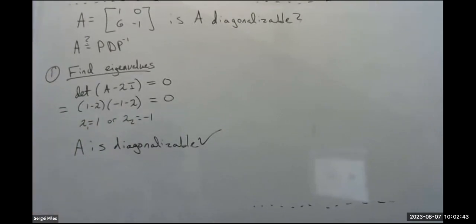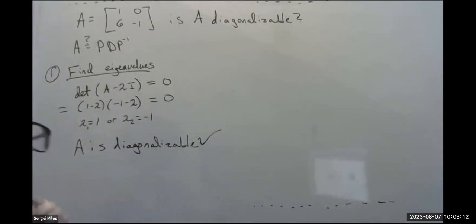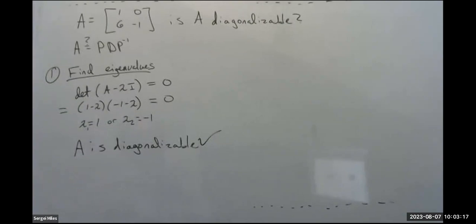Now remember when we talked about eigenvalues, to be an eigenvalue means that you have a non-zero eigenvector, at least one, associated with it. But that means I have at least some non-zero eigenvector associated with both of these eigenvalues. But because they come from different eigenvalues, right?